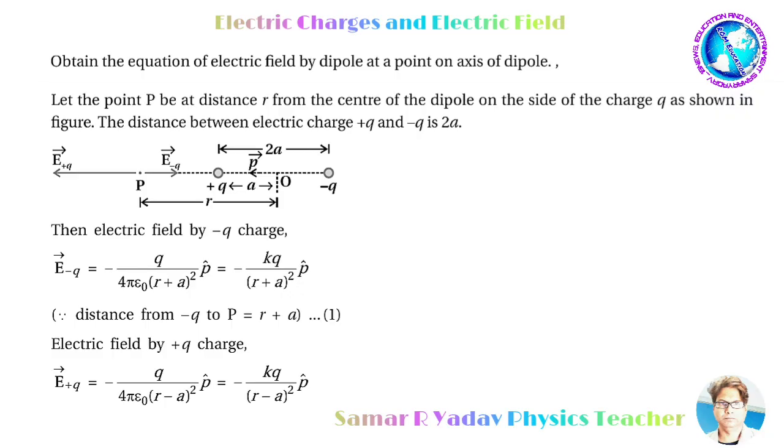The electric field by minus q charge, vector E minus q, is equal to minus q upon 4 pi epsilon 0 (r plus a) whole square into unit vector p, is equal to minus kq upon (r plus a) whole square unit vector p. Distance from minus q to P is equal to r plus a, that is equation number 1.